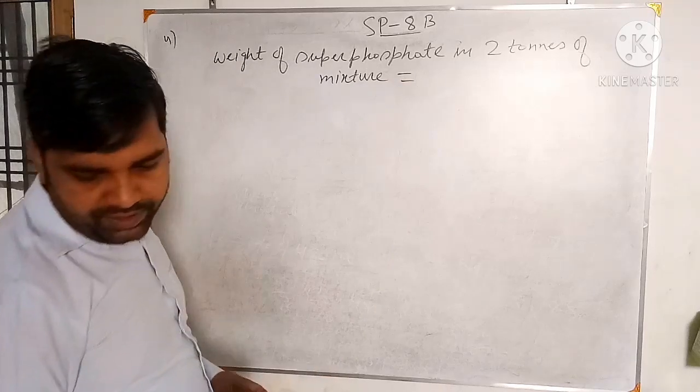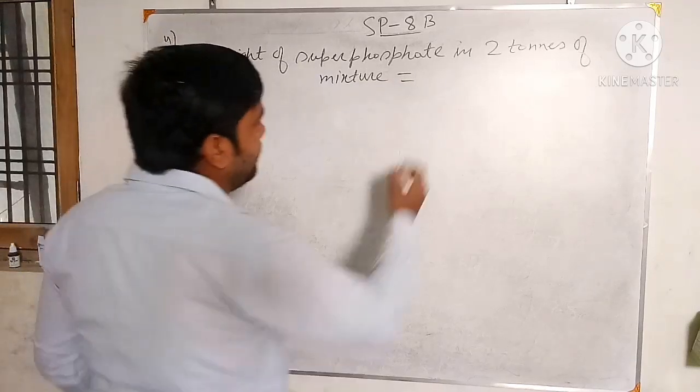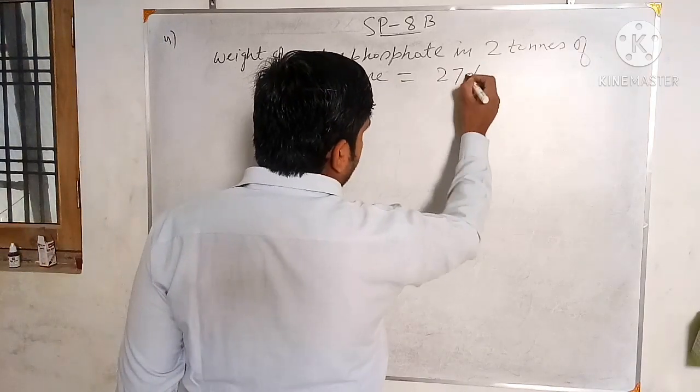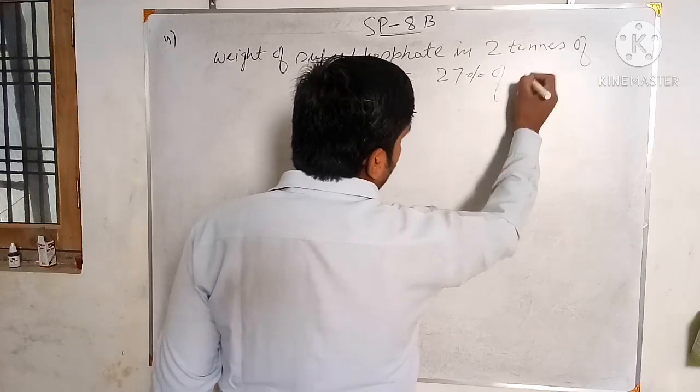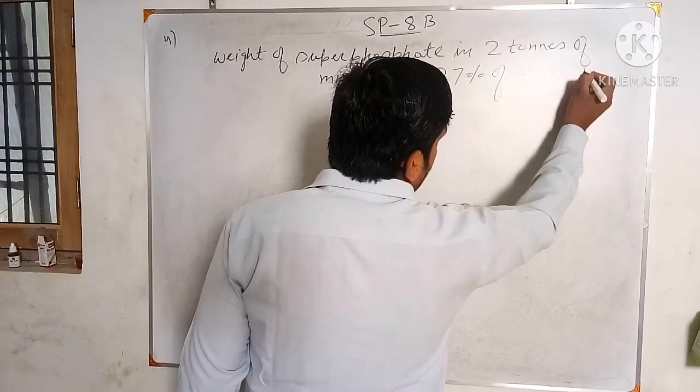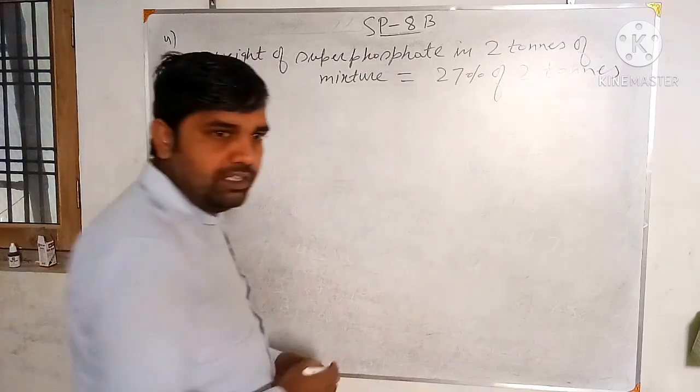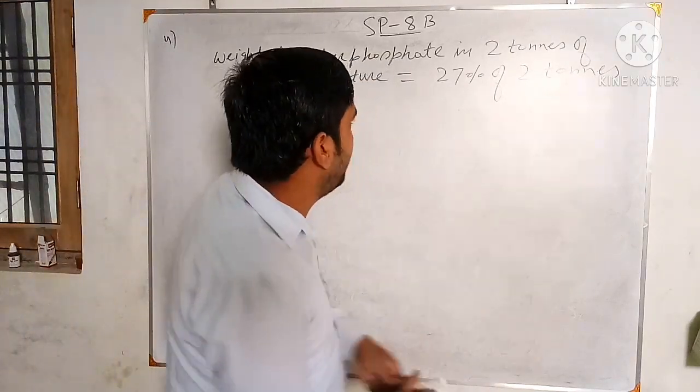How much is it given? 27% of 2 tons, and 1 ton equals 1000 kg.